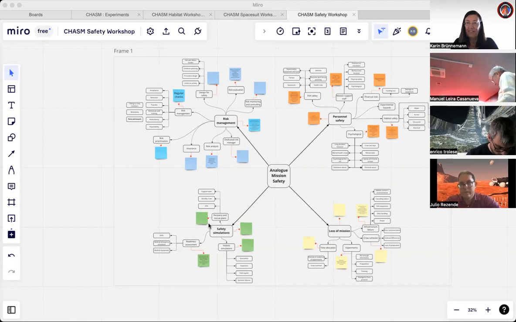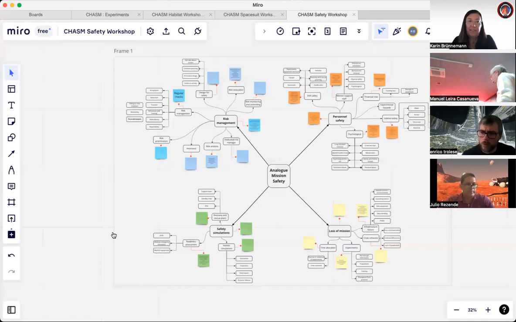So, if we start with personal safety, we looked at the different categories. Some of the things we expanded on were the psychological side of things, because as well as the physical, there are psychological aspects, and we had a few examples from some of the analogue missions that people have been involved with or know of.